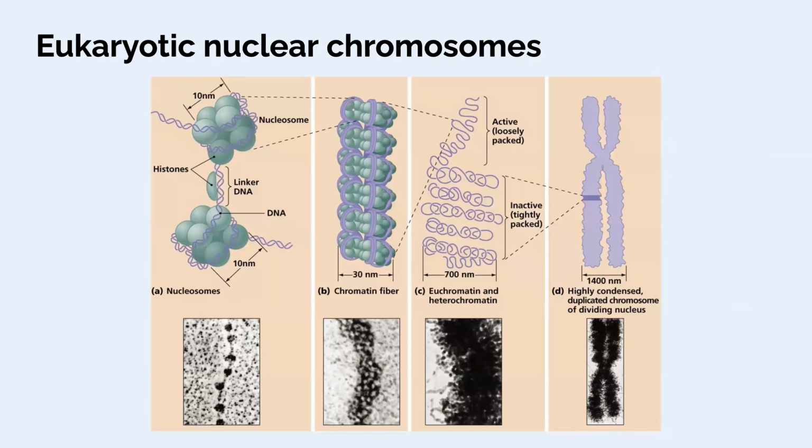Now, if we look at the eukaryotes, a lot more complexity in the organism and also more complexity in how its DNA is organized. So lots more DNA, as we will see, in eukaryotes relative to bacteria. And so it's organized a little more carefully.